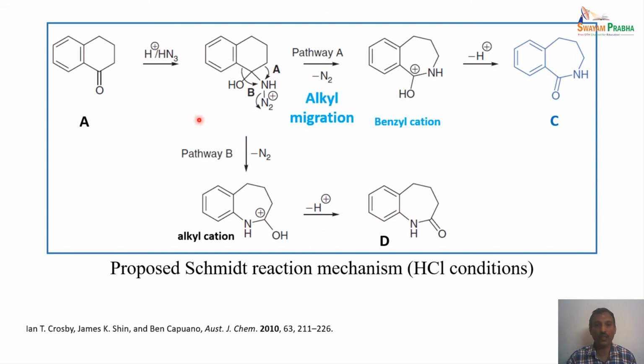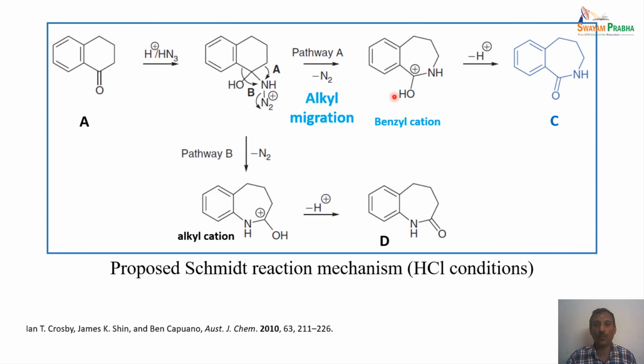In the case of HCl also, the intermediate formed is a similar one, but the HCl reaction is under aqueous conditions. That means there is plenty of water already present in the reaction medium. So the loss of a water molecule cannot happen in the first place, due to which only the loss of the nitrogen atom takes place.